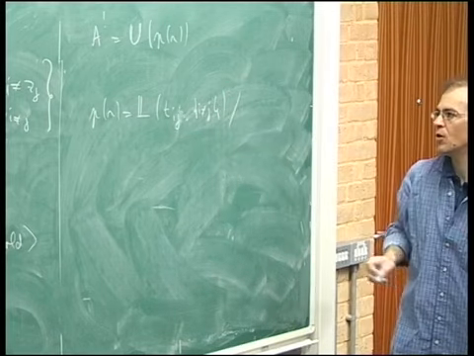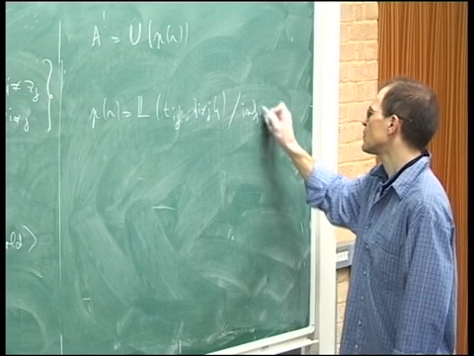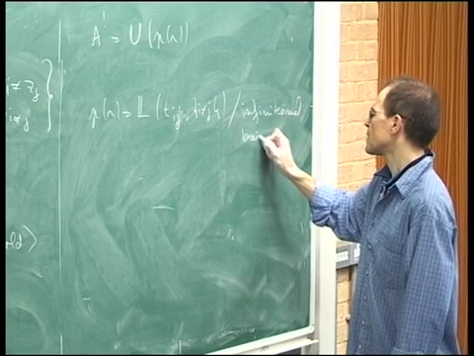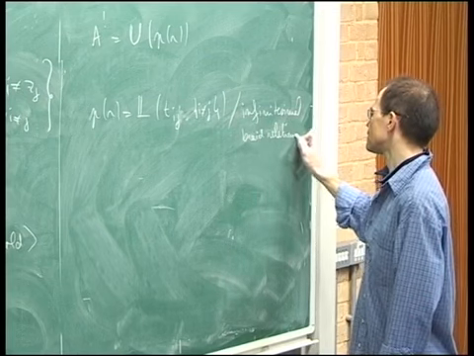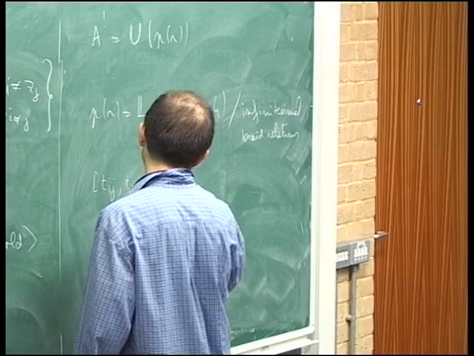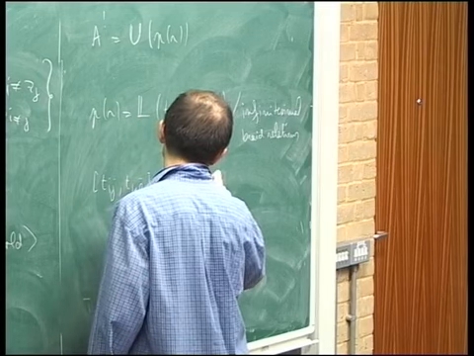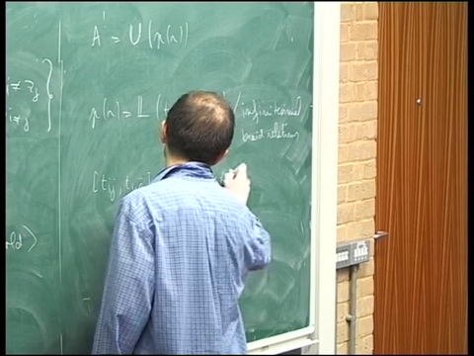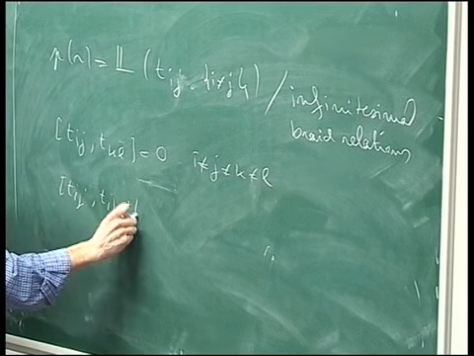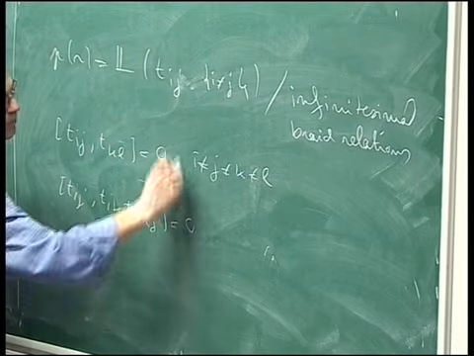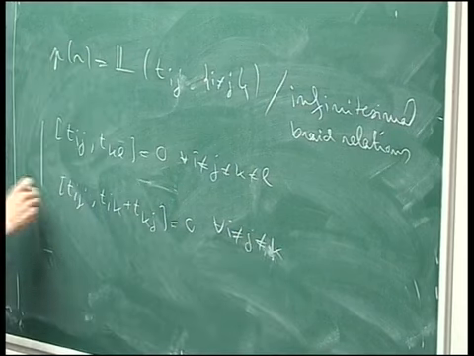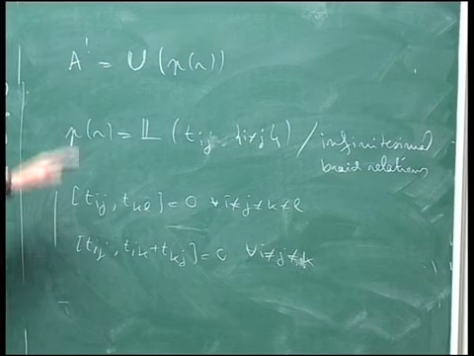You divide by the infinitesimal braid relations. The infinitesimal braid relations read: [Tij, Tkl] is 0 for every quadruple of distinct integers, and [Tij, Tik plus Tkj] is 0 for every triple i different from j different from k. So again it's a quadratic Lie algebra.